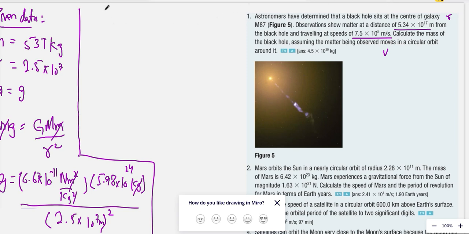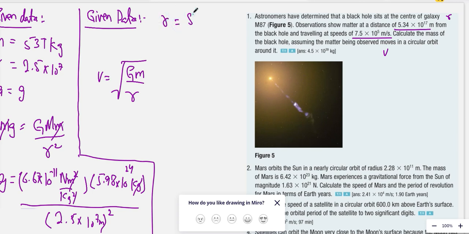As we know, for the velocity of objects orbiting, we have a formula: v is equal to under root GM over r. The given data is r equals 5.34 multiplied by 10 to the power 17, and v is equal to 7.5 multiplied by 10 to the power 5.